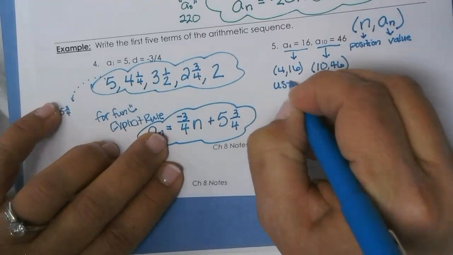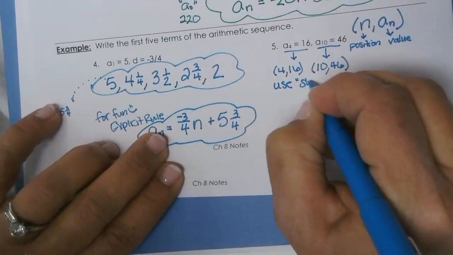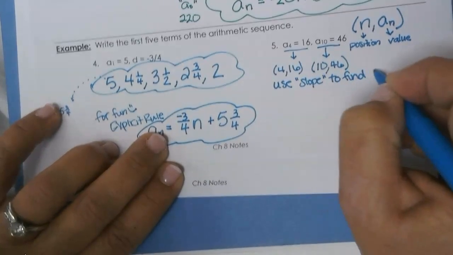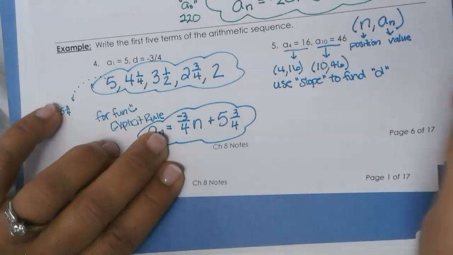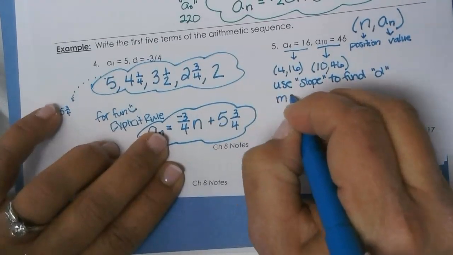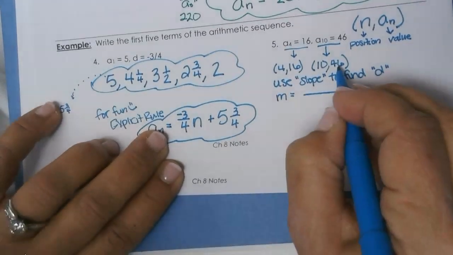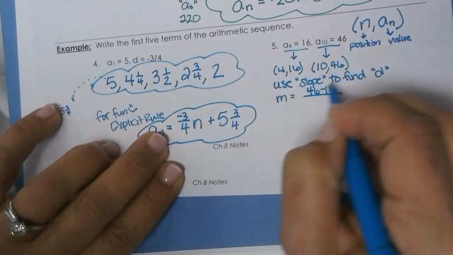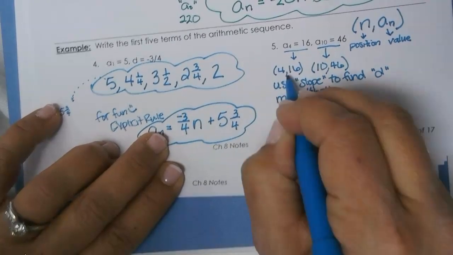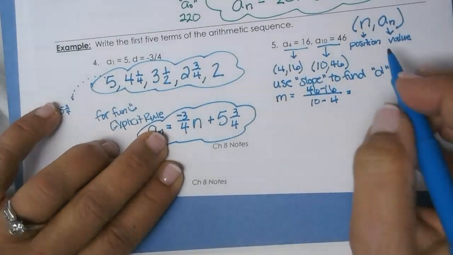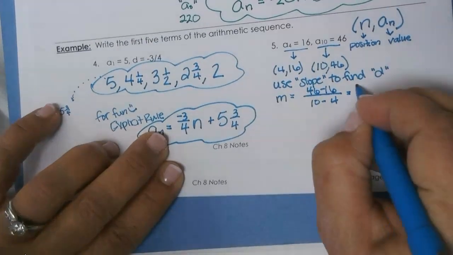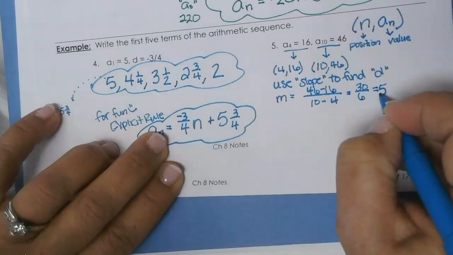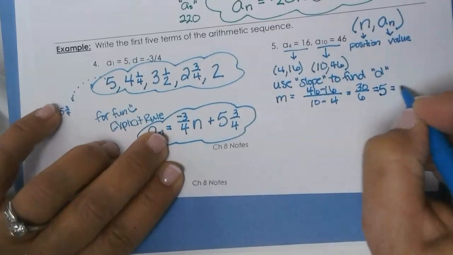So we're going to use the slope formula with those points to help us find d. Remember, to find the slope, we take y2 minus y1 over x2 minus x1 and simplify. So this gives me 30 over 6, which is 5. And again, this is really my d.